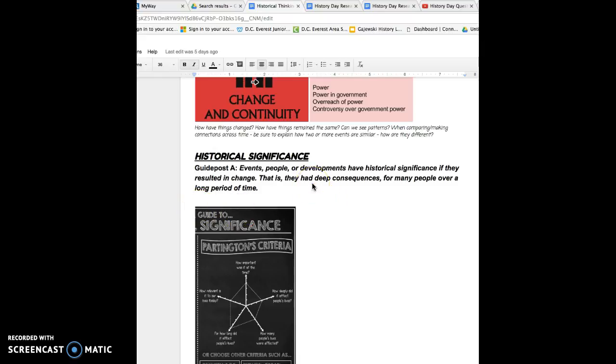And that often means something should have resulted in change. So if something's really significant, there's some change that occurred. It had deep consequences for many people over a long period of time.